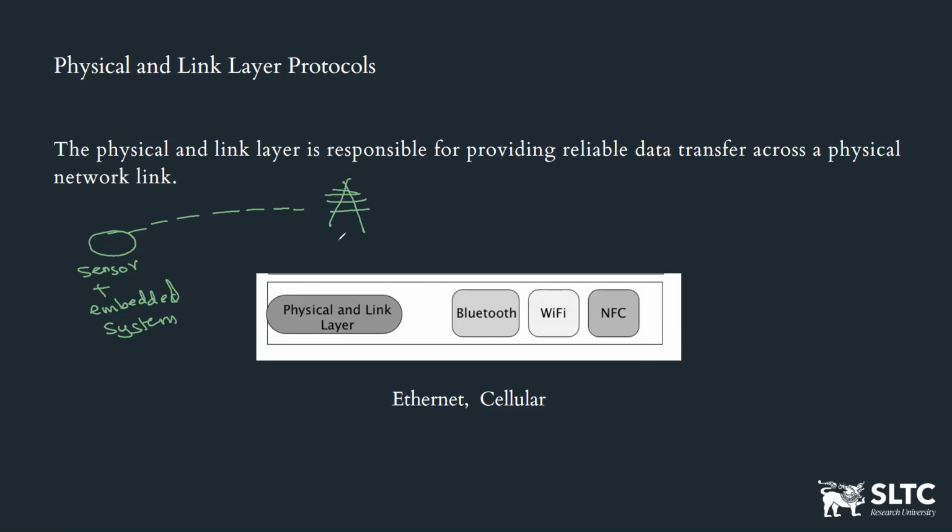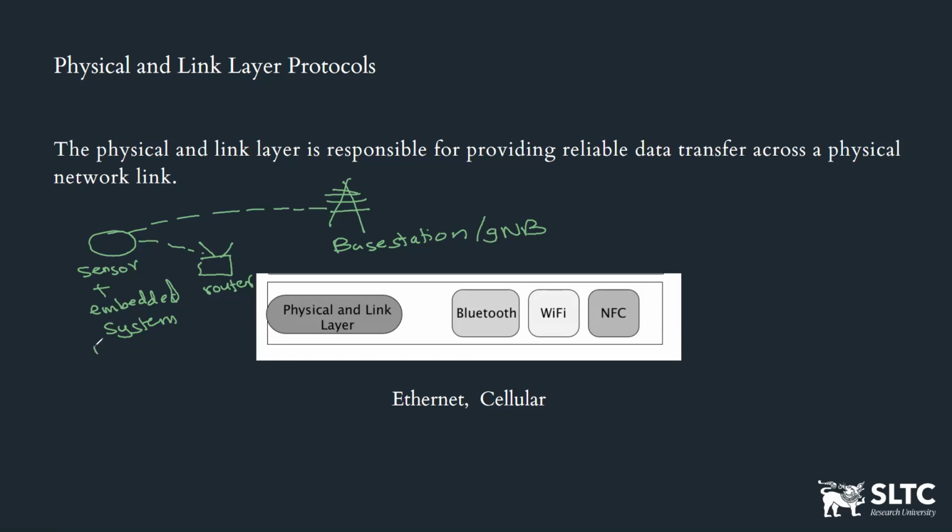The access point could be a base station, like a telecommunication tower, or what we call a gNB in 5G, or else it can be a router that receives the data. So those kinds of access points will be receiving the data from the sensor plus embedded system.